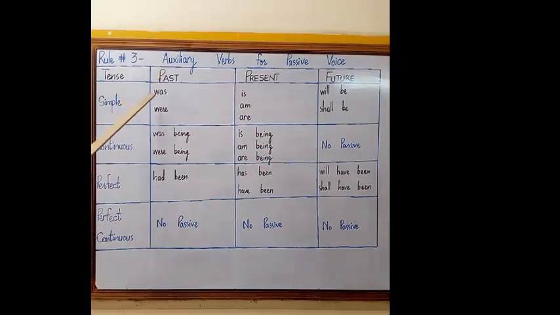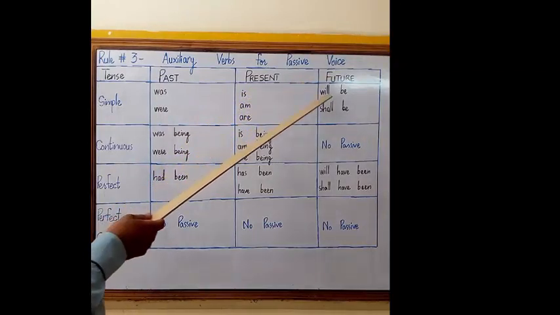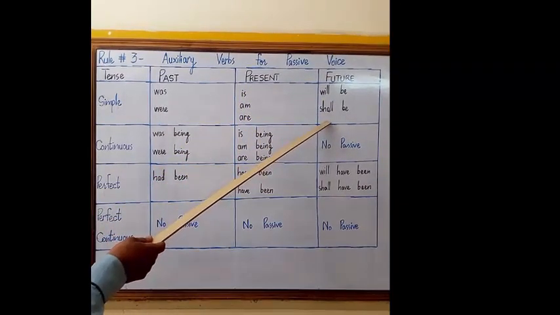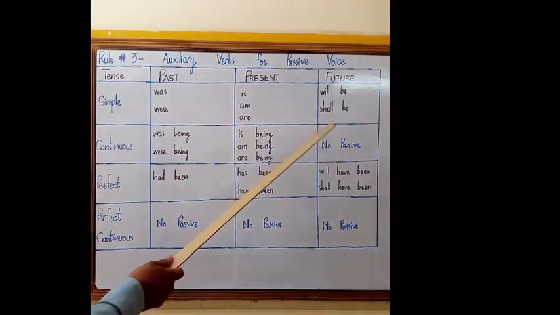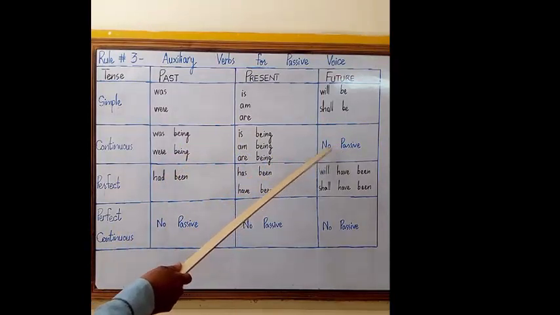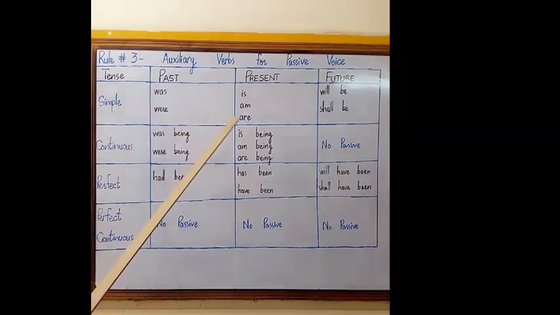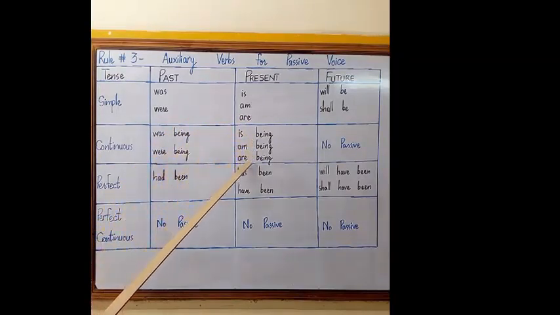For past simple we have was and were for passive. For present simple we have is, am, are for passive, and for future simple we have will be and shall be for passive sentence. For past continuous and for present continuous we have these auxiliary verbs: was being, were being, is being, am being, are being.